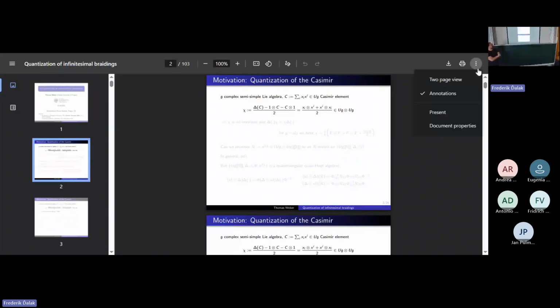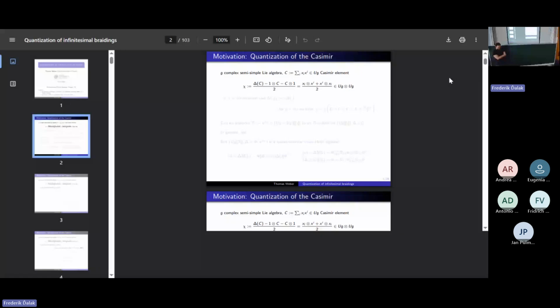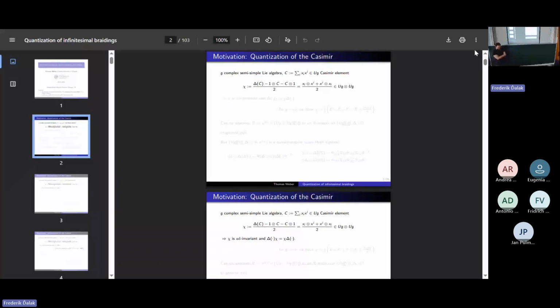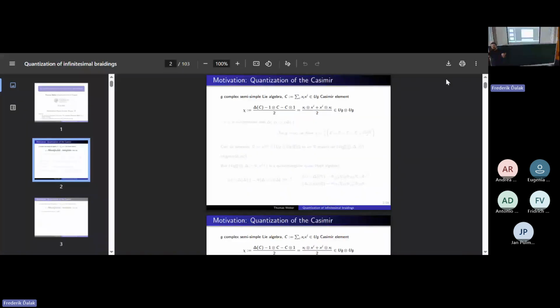Okay, now try this one. Can you go? And remove the annotations. I'm not sure if that helps. Maybe now. I can feel that the spirit of Nadi is with us. Guys, you see the page counter at the top of the slides?